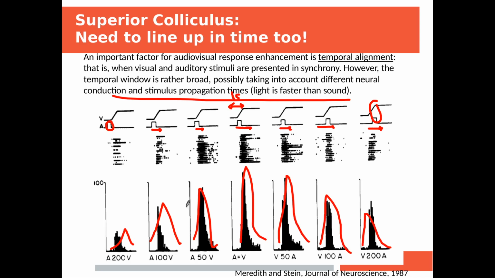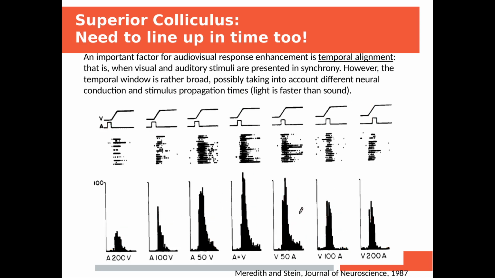It does decrease as you move further away from happening at exactly the same time, but it stays having some response. This is indicating that the audition is 200 milliseconds before the start of the vision. Audio and vision at exactly the same time they start, and vision happens. Then 200 milliseconds later, the auditory happens.